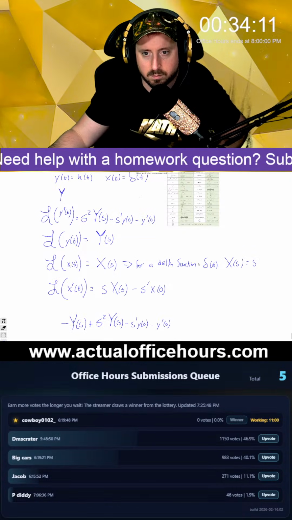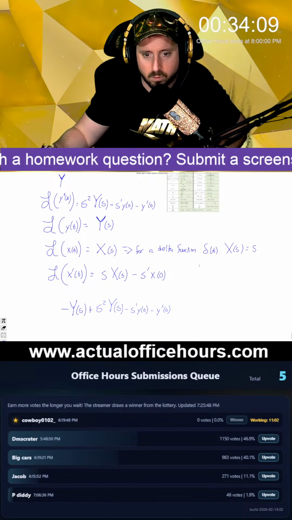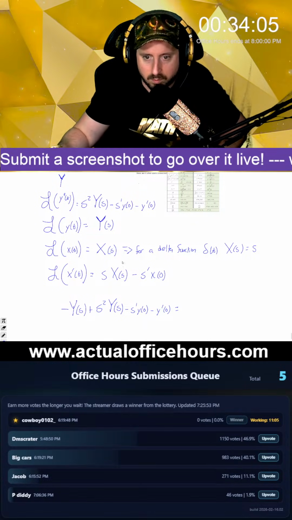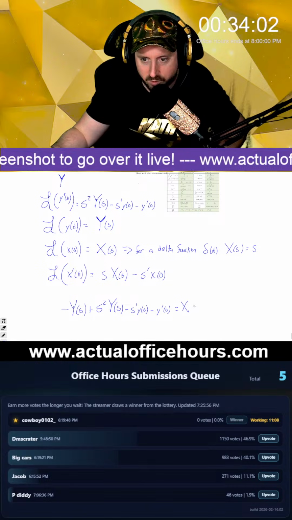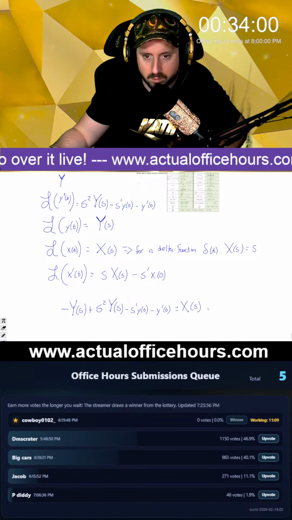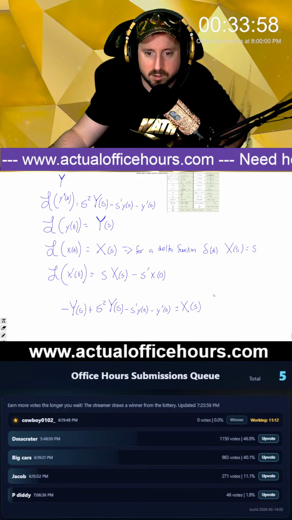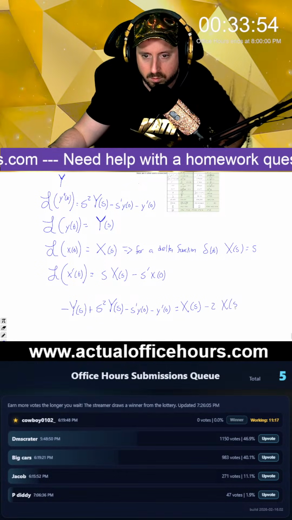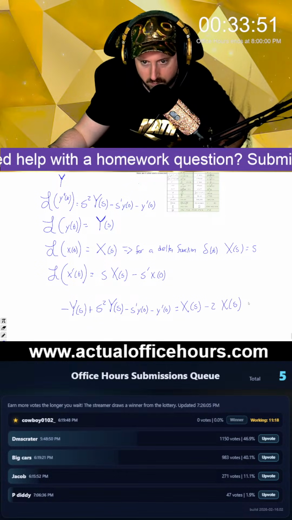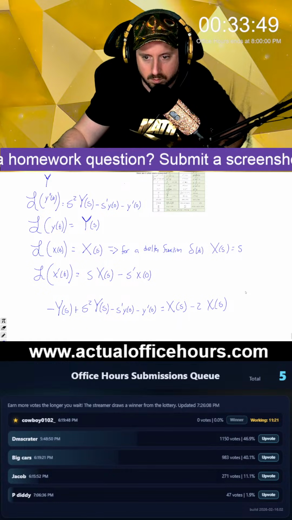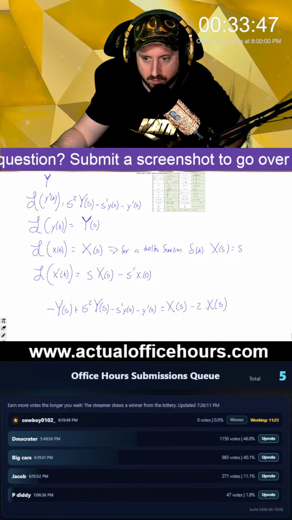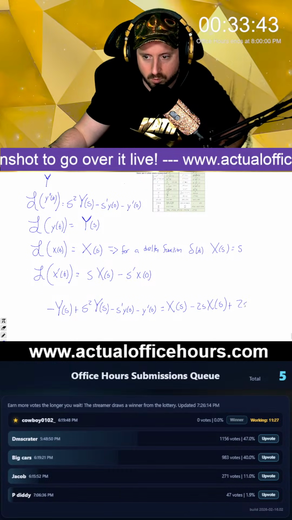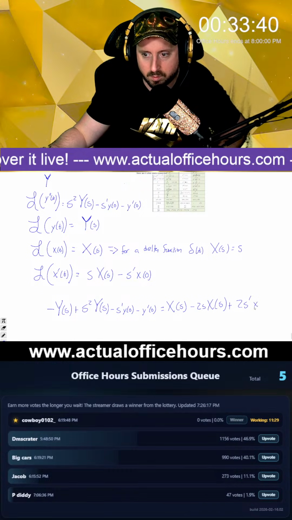Okay. Equals... Let's just leave it as x of s for now, and then I think I'm just gonna substitute later. X of s minus 2 minus 2s x of s plus 2s prime x of 0.